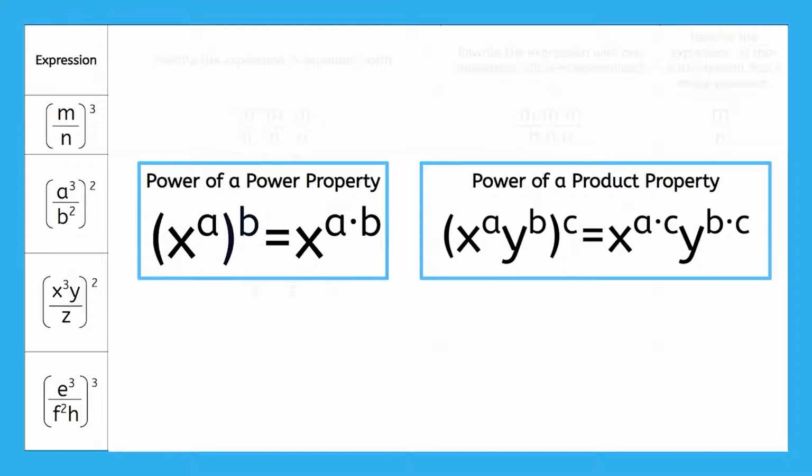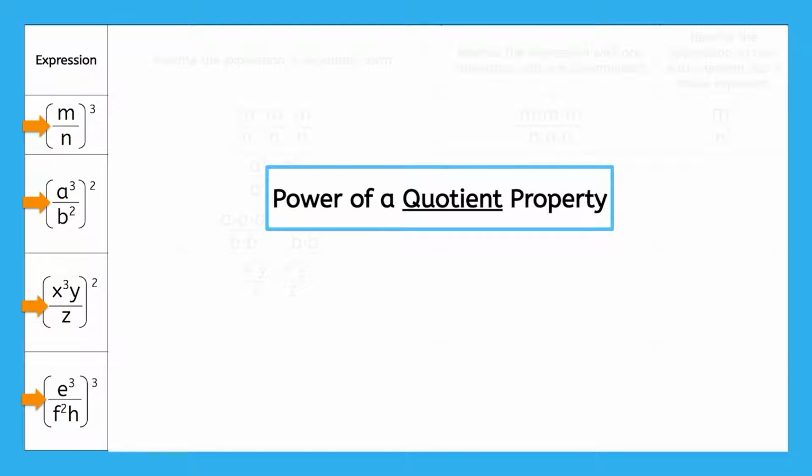But what's different about these expressions? With the power of a power property, the expressions had only one element inside the parentheses. With the power of a product property, the expressions had elements that were being multiplied inside the parentheses. But here, these elements are dividing. That must be why it's called the power of a quotient property.